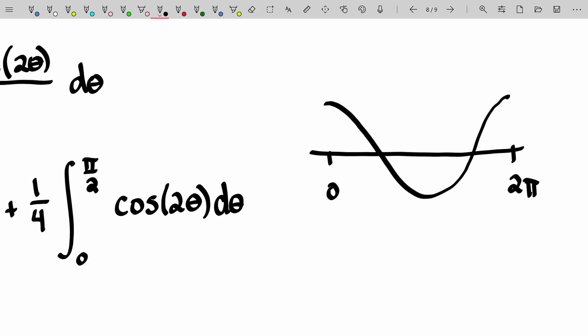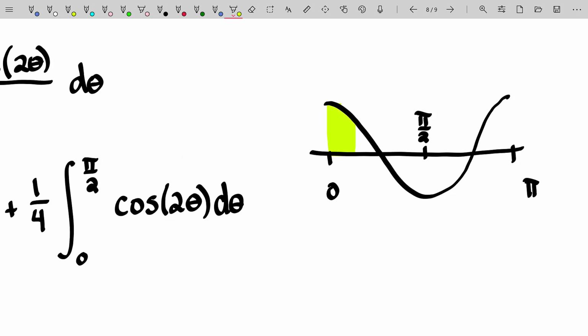Normally, the cosine goes through a full cycle on the interval 0 to 2 pi. However, this cosine function is going twice as fast. So it reaches the end of its period by the time pi, which means halfway through is at pi over 2.